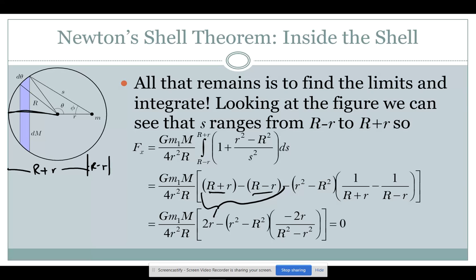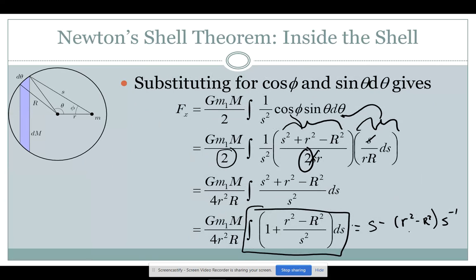Now for the second one, it's a little more complicated looking, but it's really not. Think about this. We had 1 over S, right? So I have 1 over S from the upper limit minus 1 over S from the lower limit, which is equal to S lower minus S upper over S upper times S lower.